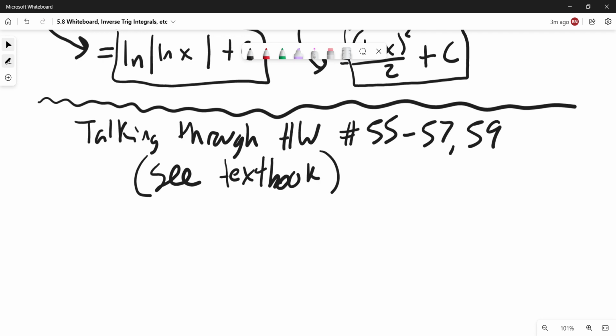So we would end up with negative 1/2 times 2 times square root of blop. Our blop is 1 minus x squared, plus c. The negative 1/2 and the 2 multiplied, the 2's would cancel, so it'd just be a negative. Okay, I think I said that all right.